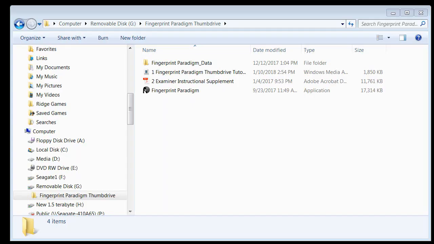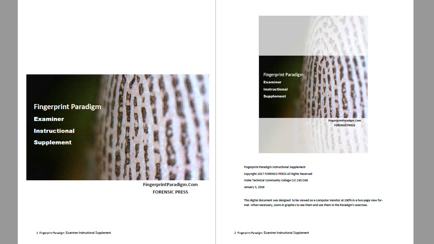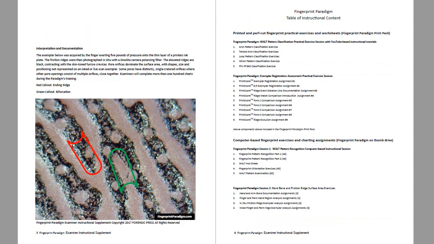At this time, I'd like to call to your attention to the Examiner Instructional Supplement on your thumb drive. This supplement is a 57-page operations manual for the paradigm, and I strongly recommend that you go through it before you begin the exercises.